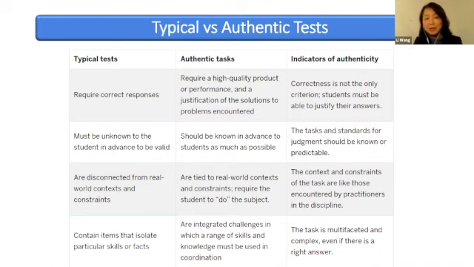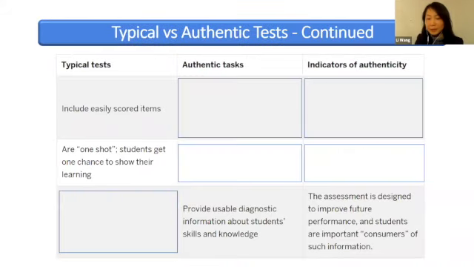Next one, the typical tests contain items that isolate particular skills or facts, but authentic tests are integrated challenges in which a range of skills and knowledge must be used in coordination. So we can see that if the test items are created in an isolated fashion, they might not provide valid and reliable measures for our design purpose.